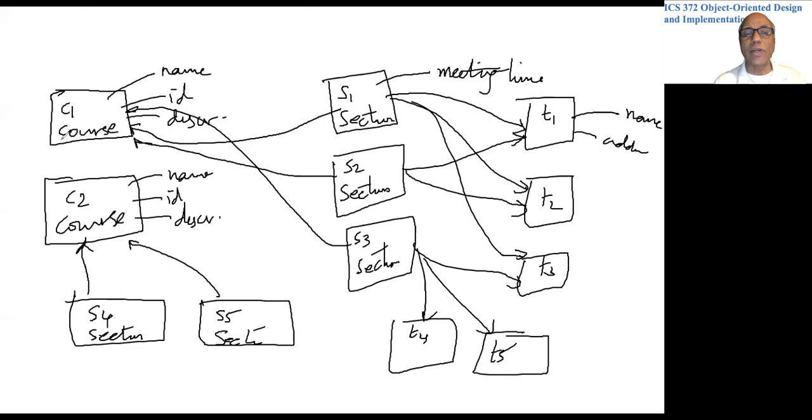But these are not quite linear, in the sense it is not as if this is just a sequence of bits. It looks like this course is going to refer to a string object, then it would refer to an ID, which could again be a string object, description could be a string object, but then we could have a section which points to a course object, which itself is composed of all this.